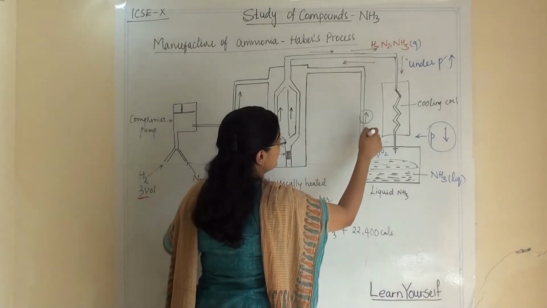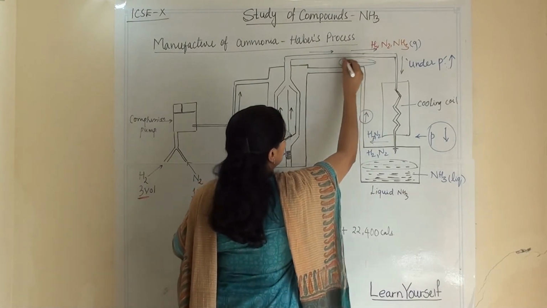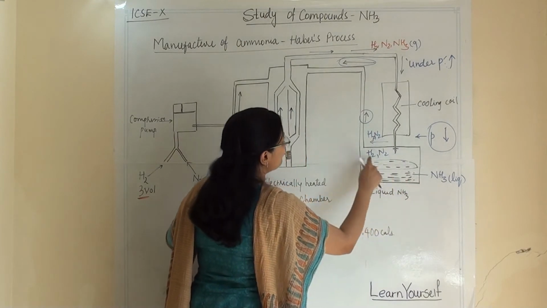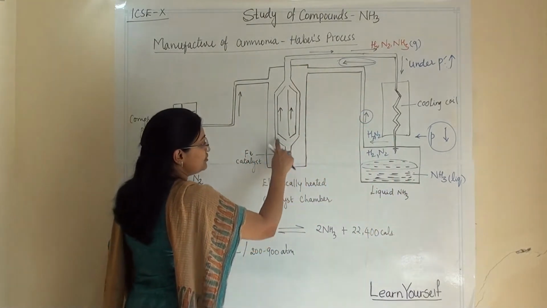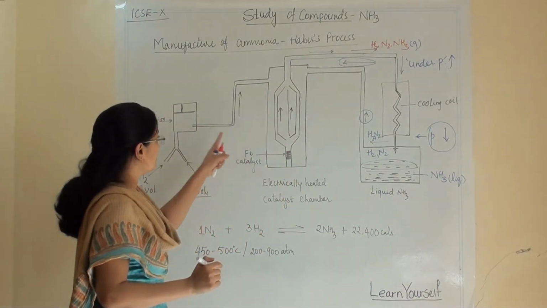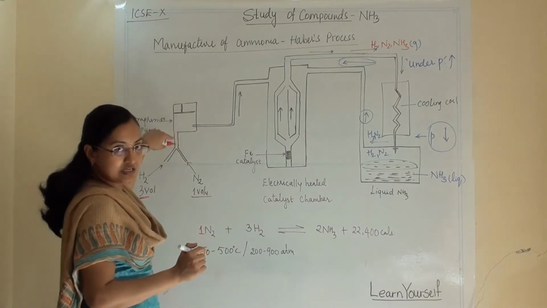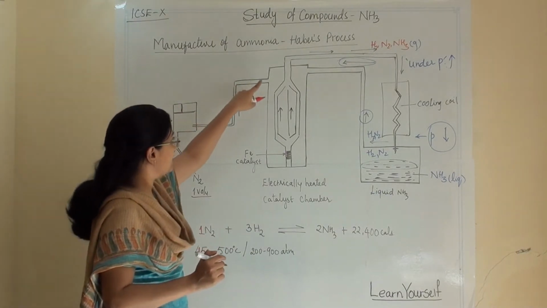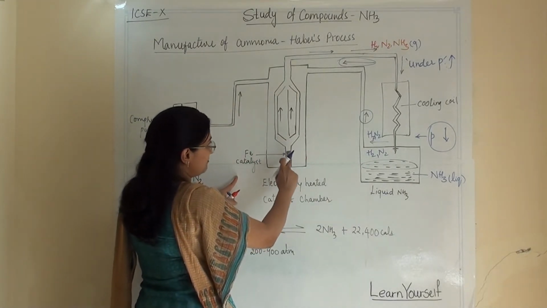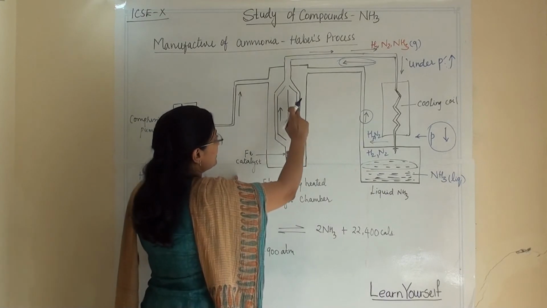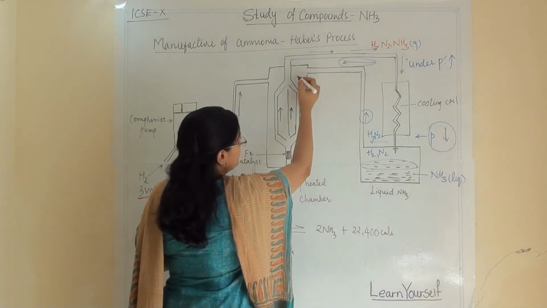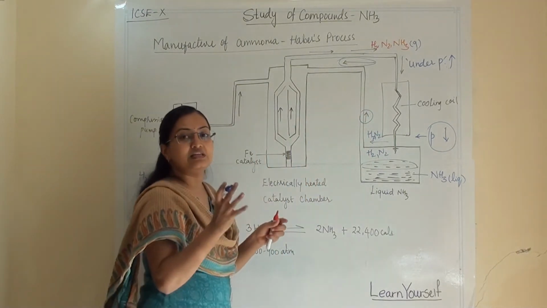This sign suggests that all the unreacted hydrogen and nitrogen that comes along with the ammonia will again be recycled into this electrically heated chamber. Now we will see from here that the compressed hydrogen and nitrogen gas will come here. When it comes here, with the help of this Fe catalyst, there will be a heat exchange, because all the recycled hydrogen and nitrogen that come here will be cooled.